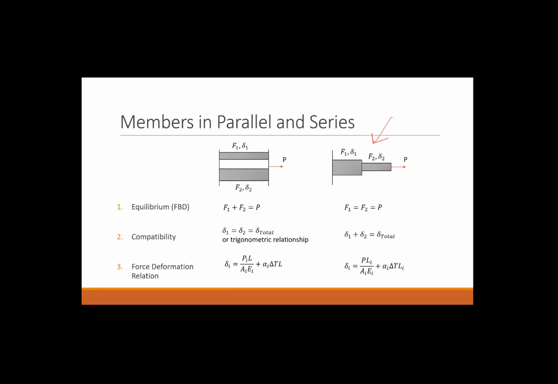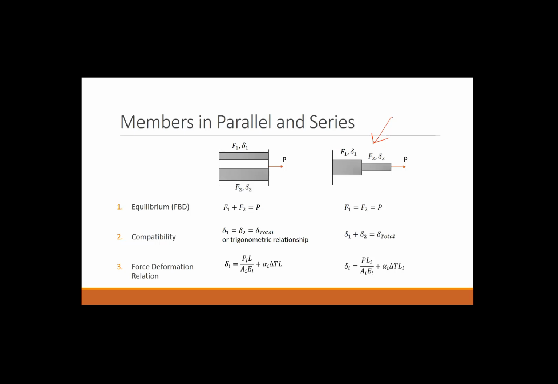In series, we know that the force in each segment is equal, because if you were to take a section cut at any point in either of those two segments, you would find that the force has to be P. Would you agree? The internal force has to be P at any point in there.